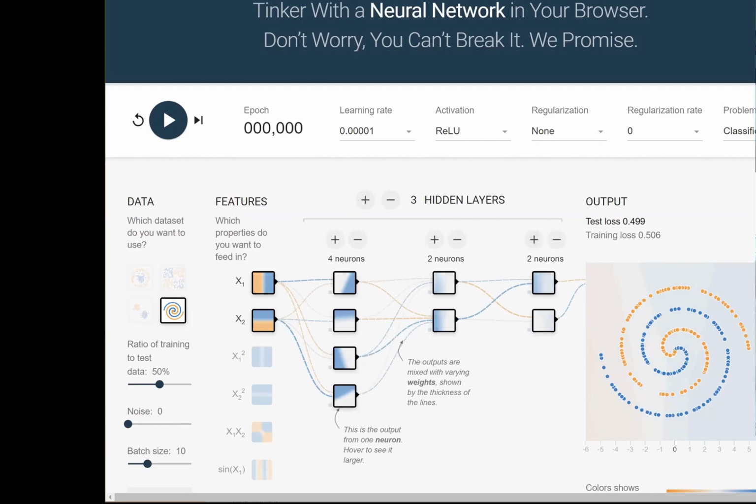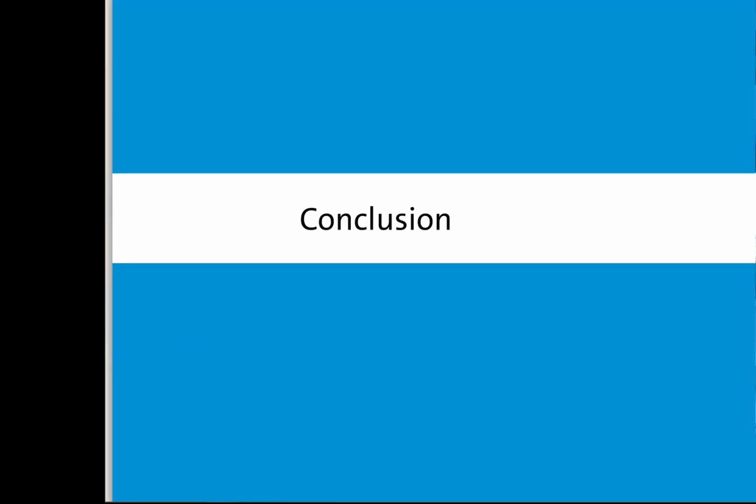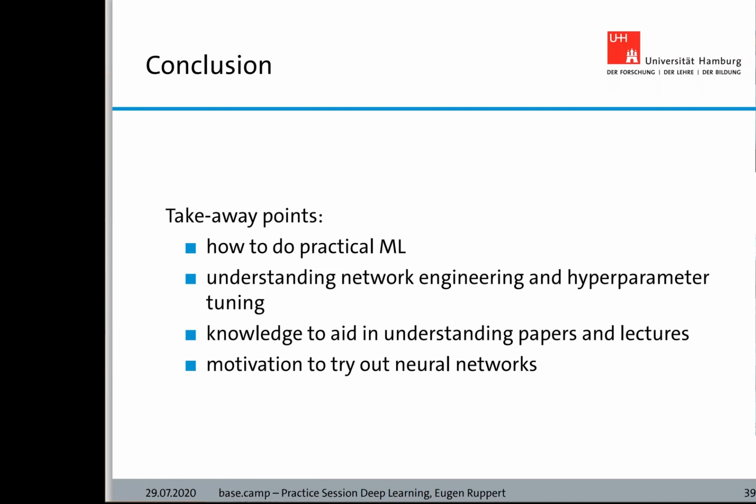And this would also be the last part of my presentation. So the conclusion. I've shown you today how to do a practical machine learning task. So if you're following these 5 steps, you should be good to go. And I also hope that you have some understanding about network engineering and what these hyperparameters mean.